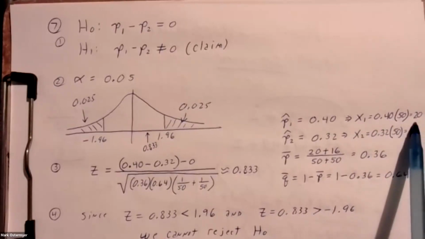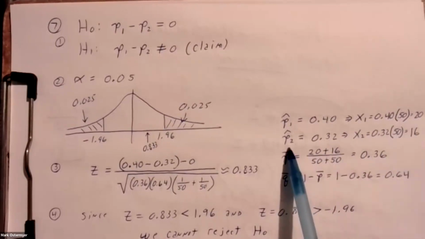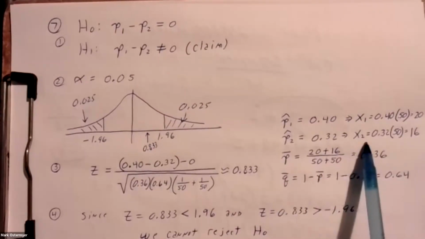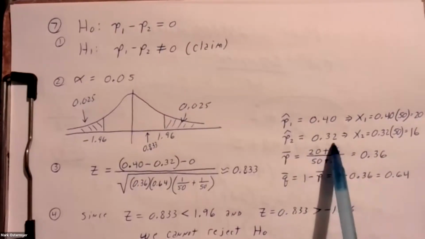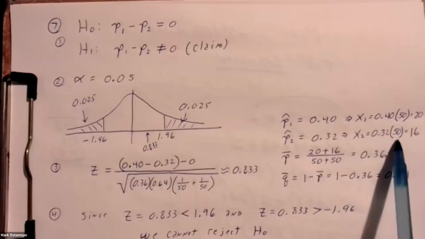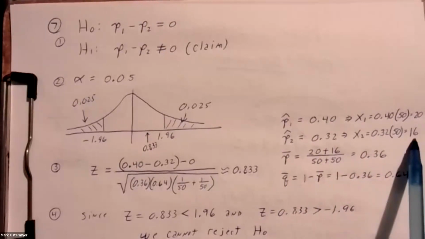So you get 20 of those 50 randomly surveyed younger aged workers had college degrees. We also need x sub 2, which is going to be p sub 2 hat, which is 32% or 0.32 times 50, or 16 of the older age grouped workers also had college degrees.